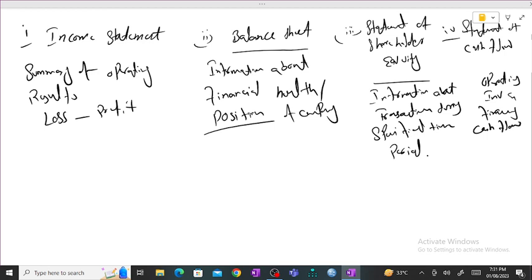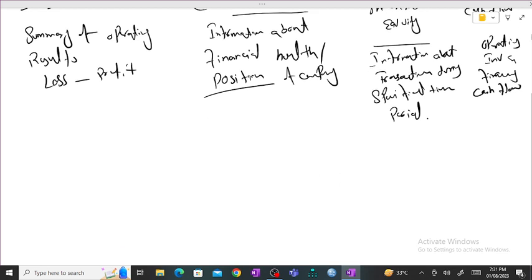Now, what we have to do in this lecture is develop a particular kind of analysis for the first 2 financial statements, which are the income statement and the balance sheet. How many types of analysis do we have in order to analyze these financial statements? We basically have 2 kinds of analysis.